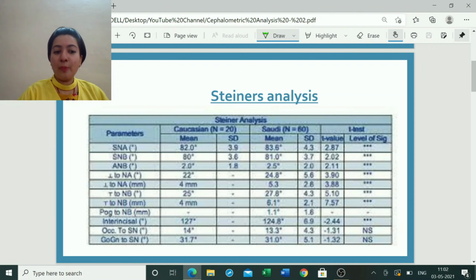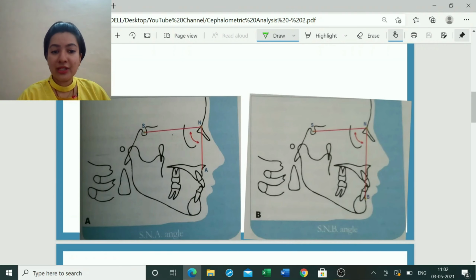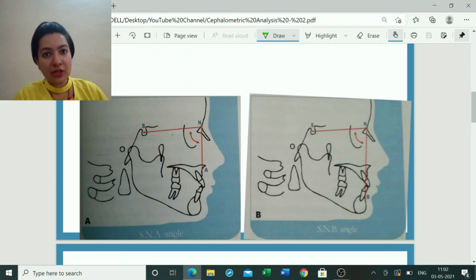So hoping that you all can go through all the values from the textbook. My job is to make sure that your fundas are clear so that you know when a particular value is going beyond the range, what and how it is, and what interpretation you have to garner from it, right?